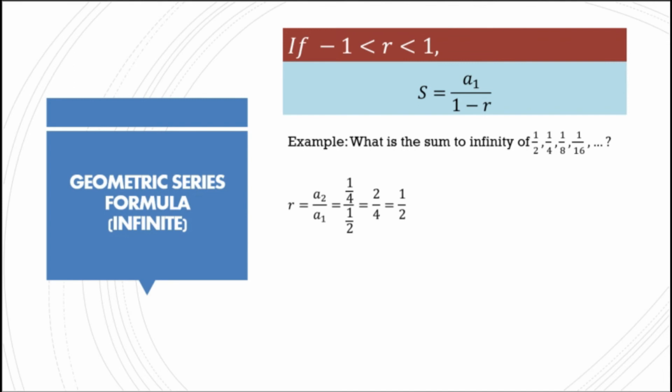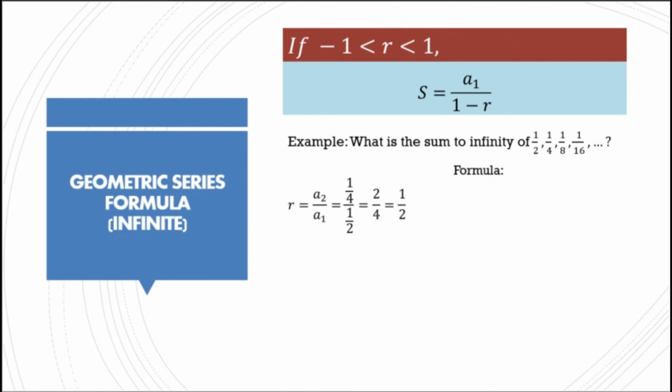A sub 2 is 1/4 and a sub 1 is 1/2. Dividing the two will give us 2 over 4, simplified to 1/2. r is 1/2, which is 0.5 if we express it in decimal. And 0.5 is in between -1 and +1. Therefore, we can proceed in identifying the sum to infinity of the given sequence.